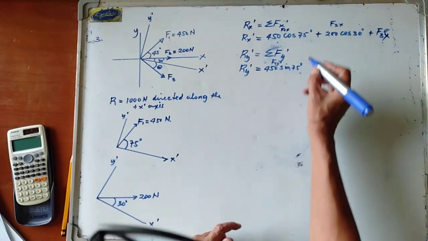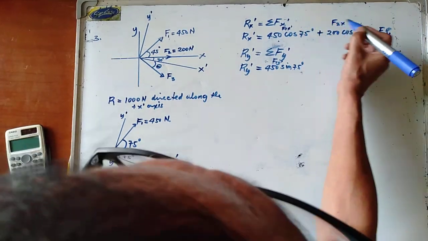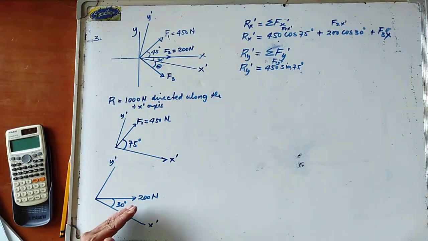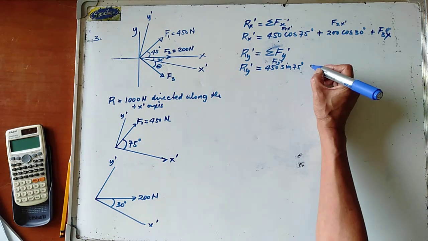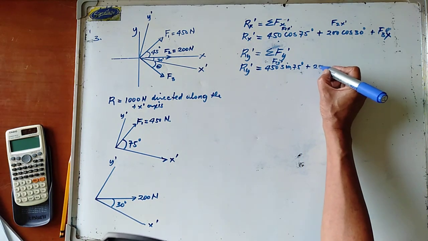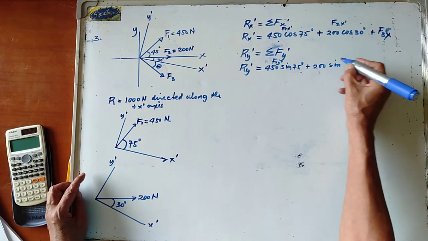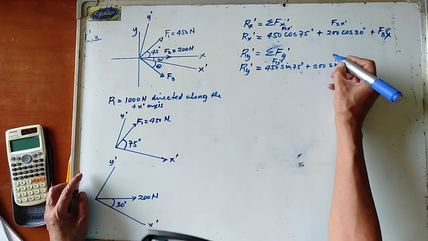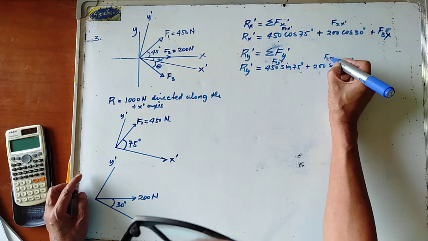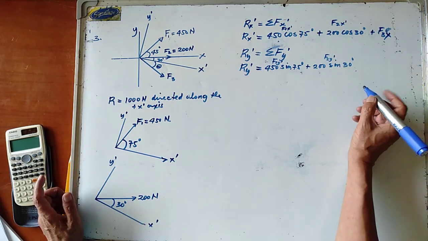Similarly, F2 is going up, so plus 200 sine of 30 degrees, that is F2 in the direction of y prime.